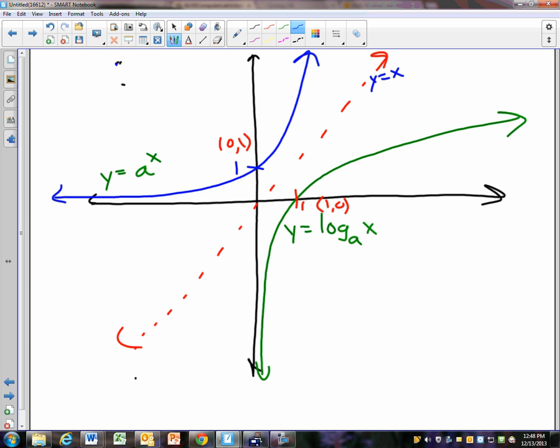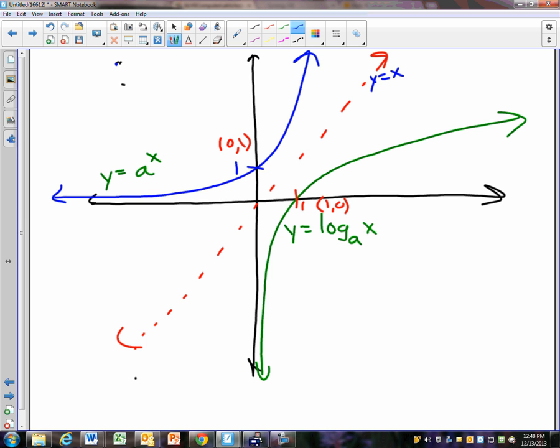Positive or negative. But what kind of numbers can you only plug into the green function? Only positive. In fact, you can't even plug in 0. Okay? So these are inverses of each other. They have a relationship. The domain of the blue is the range of the green. And the domain of the green is the range of the blue.